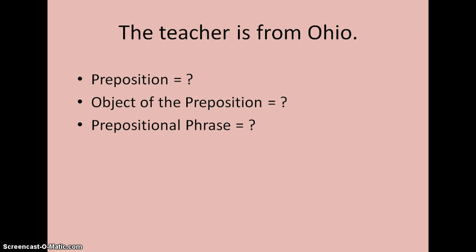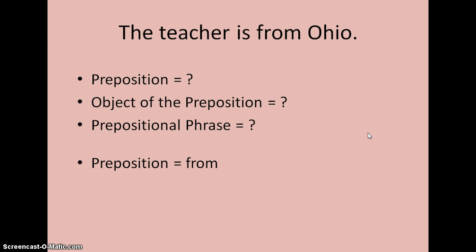So you read this sentence and you know that teacher is a kind of person, so that must be a noun. We know that is a linking verb. And we're wondering what the relationship is between the teacher and Ohio, and we know that that is the word from. So from is our preposition.